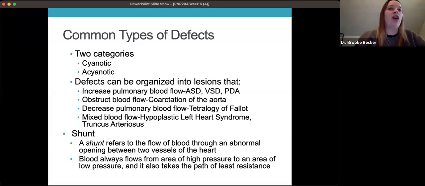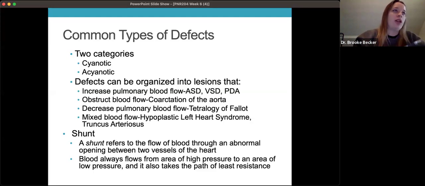So your left side of the heart is going to have the most pressure. If there's an opening, either an ASD or a VSD, the opening in the septum between the two atria or the two ventricles, blood is going to want to go from the left side to the right side because there's less pressure on the right side.